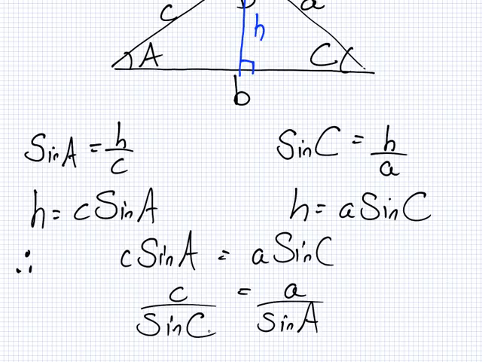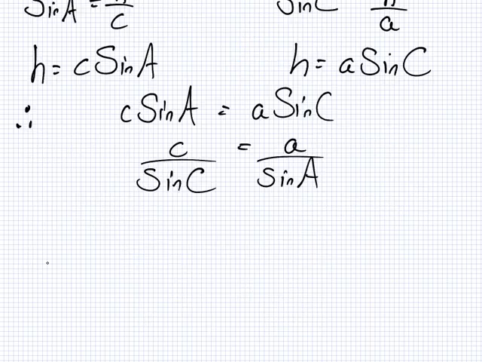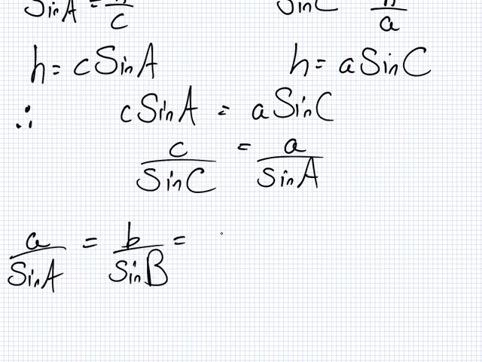You can include B, of course. You do the same thing. And basically you can end up with this formula: A over sine A is equal to B over sine B is equal to C over sine C.